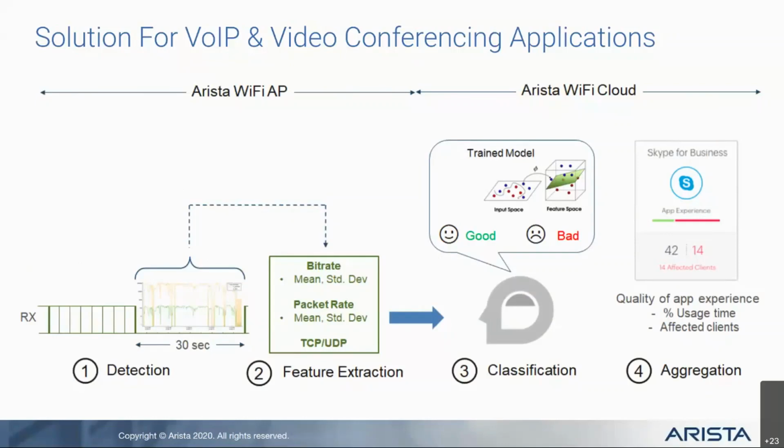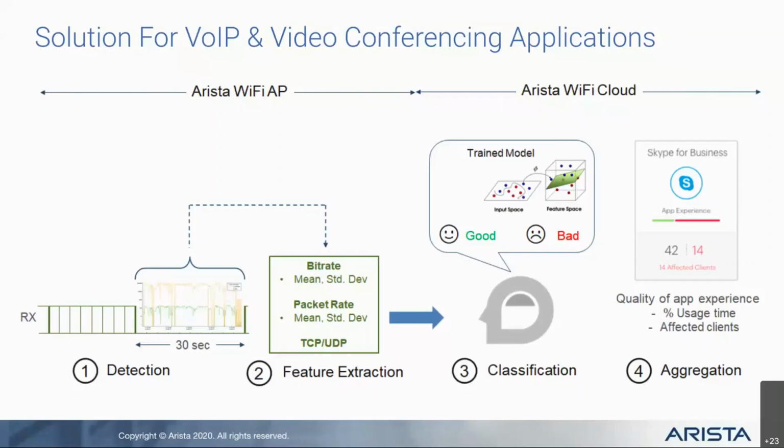These are then fed to a classification model, which classifies whether that particular 30-second section was good or bad. We use this information and develop key insights on a server, like the number of affected clients for that particular application and the bad usage time for that application.